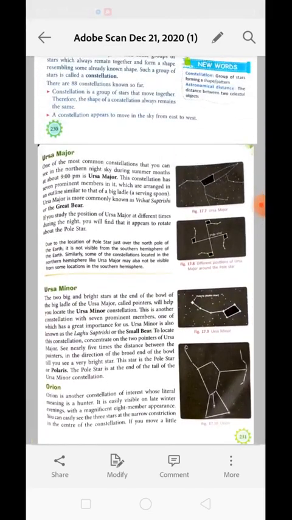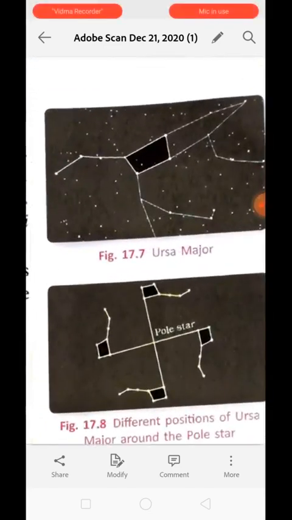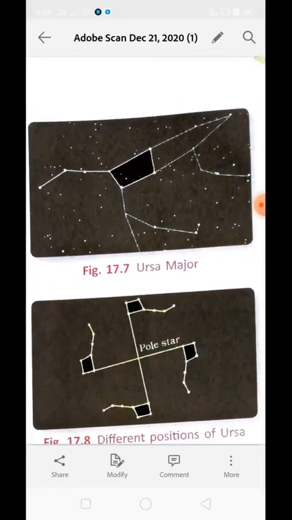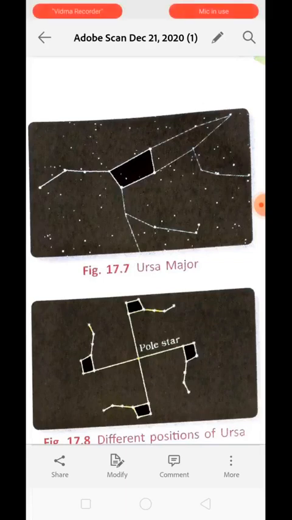The first constellation is Ursa Major. It is one of the most common constellations that you can see in the northern night sky during the summer months at exactly 9 p.m. This constellation has 7 prominent members, which are arranged in an outline similar to a big ladle or a serving spoon.